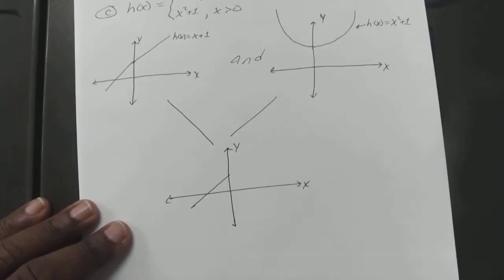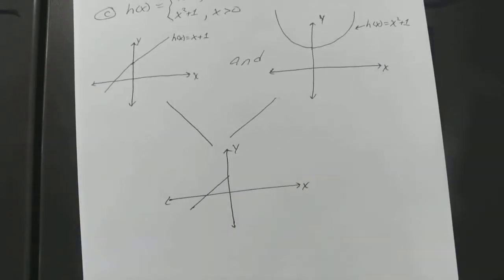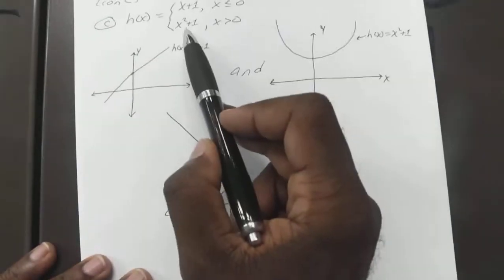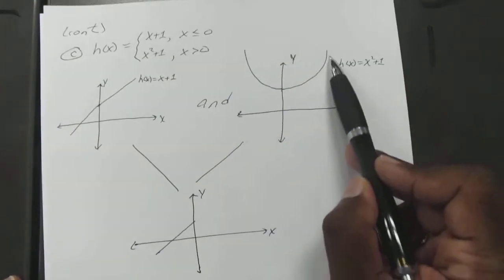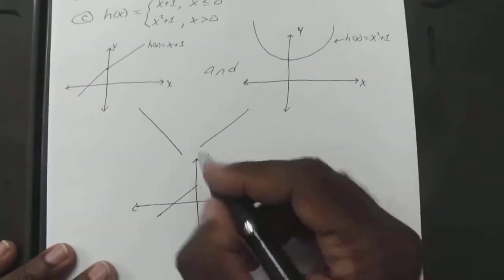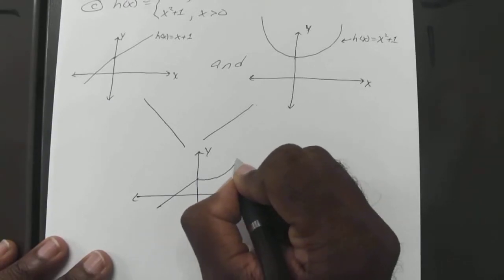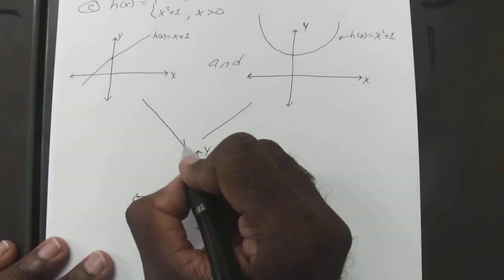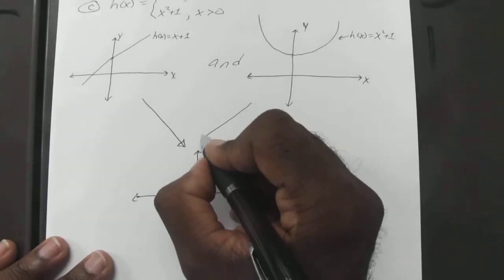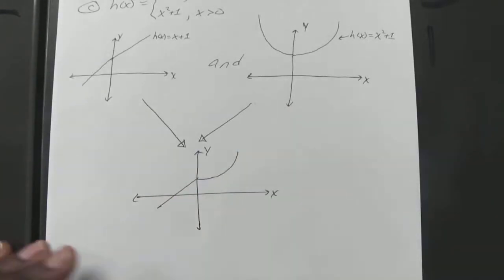Okay, so then you stop. But once we get on the other side of 0, we use x squared plus 1, which means we use this half. So all we did was take each individual graph and kind of morph them together.